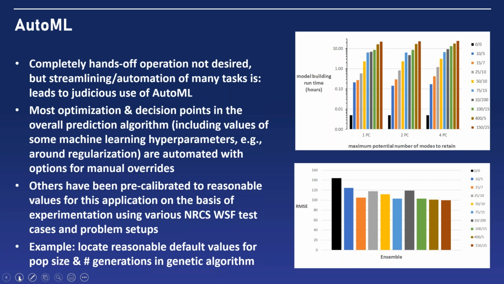So what we wound up with was a lot of preliminary testing, converging on reasonable default choices for a lot of the hyperparameters in the various machine learning applications, including things around regularization in particular. And where one selection wasn't deemed sufficient, there's algorithmic logic built into the system to pick the right value for that particular problem. Next slide, please.